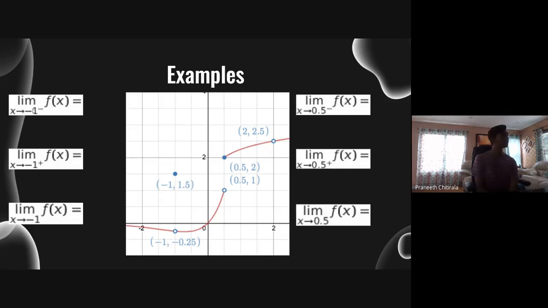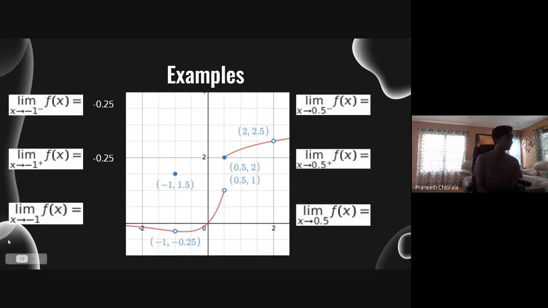So let's see what point the limit approaches as x approaches -1 from the left side. You follow this path here, and you get -0.25, and that's the value of this point right here. Same with the right side. You approach -1 from the right side, and you get -0.25 again.